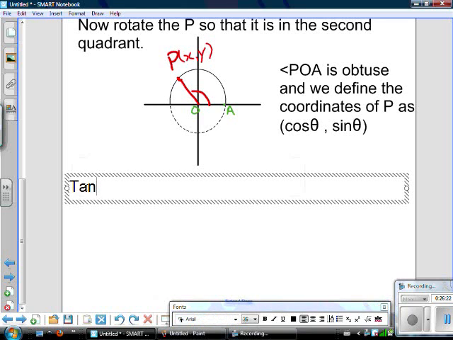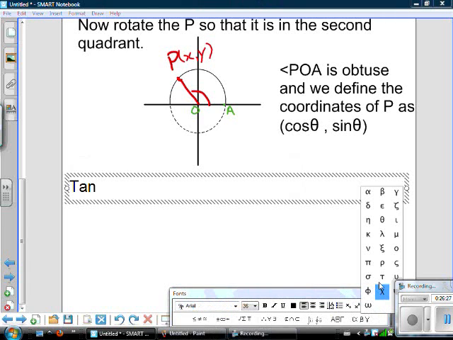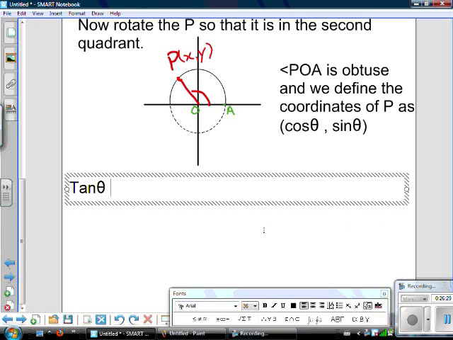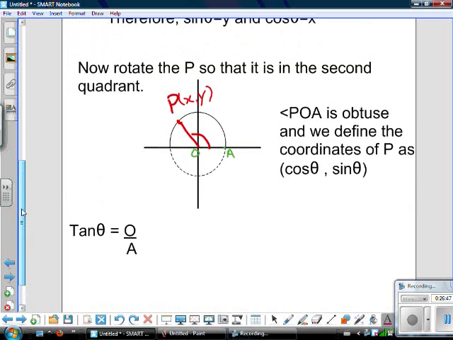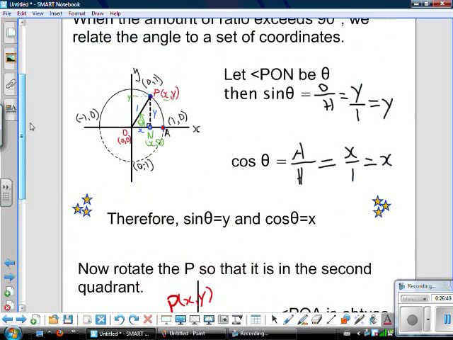So if I look at tan theta, tan theta, as you already know, is opposite over adjacent. I mean, that's how it's defined. So when I think about that and I go back up to this unit circle, opposite over adjacent. So opposite is y, adjacent is x.